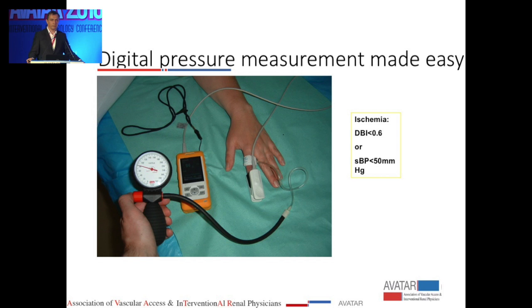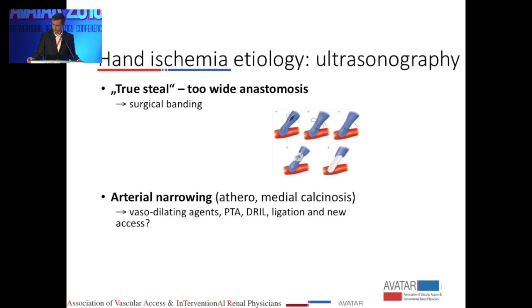Digital pressure measurement could be done by various techniques, and this is how we do it, very simply and not expensively. And we should differentiate between two large modalities, which is true steal and a too-wide anastomosis.